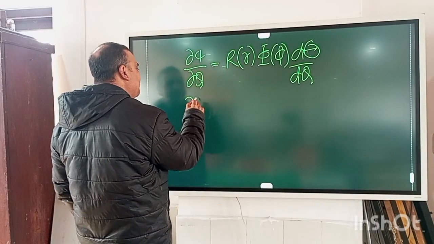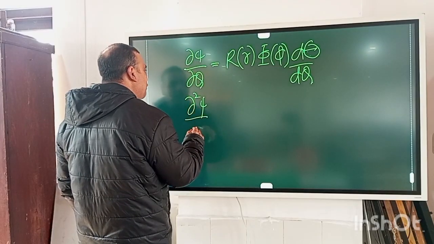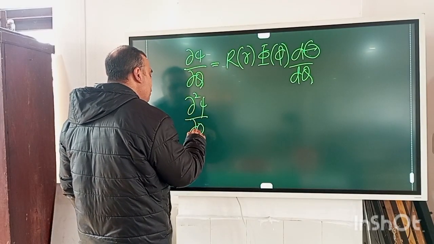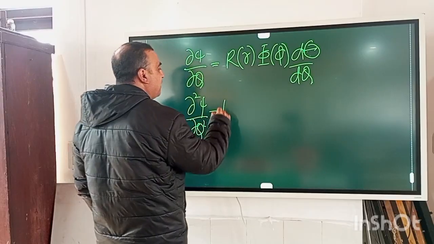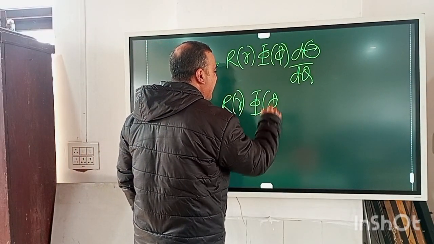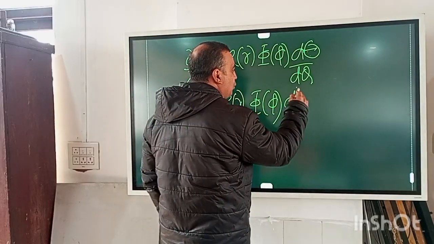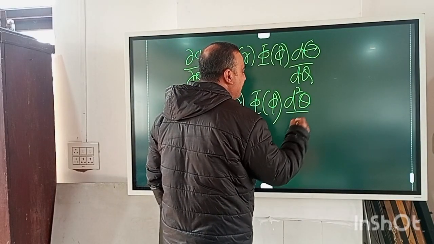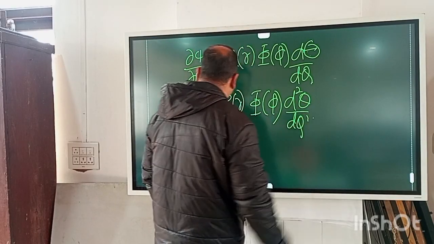We can have its double derivative in a similar fashion: dou 2 psi by dou theta 2 will give me R of r, Phi of phi, and a total derivative d2 Theta by d theta 2.